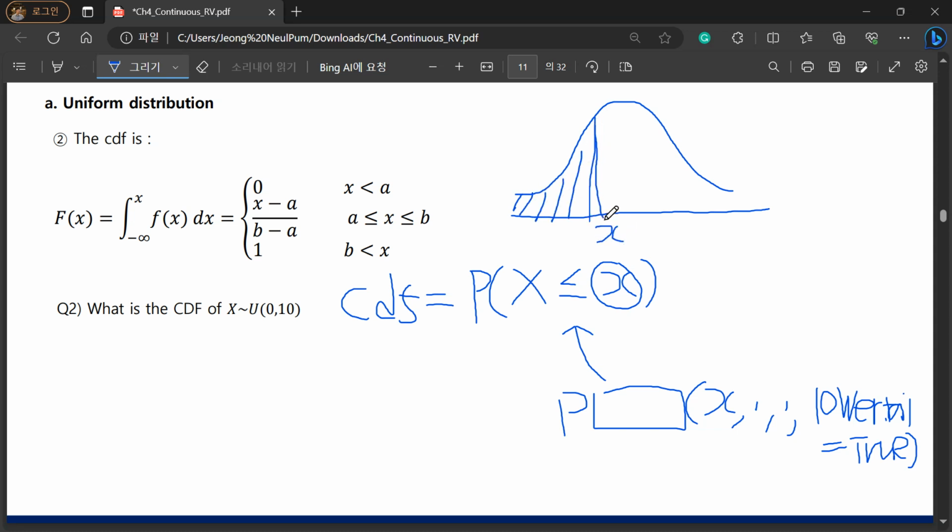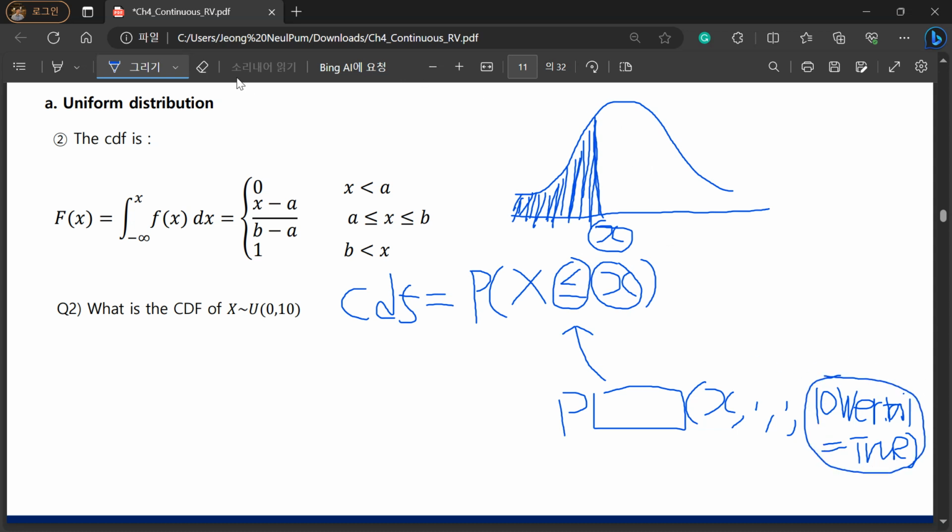This is our target value small x, and we want to get the probability, which is the area below the graph, on the left side of our target value. So we use this direction and also use the lower tail option as true.